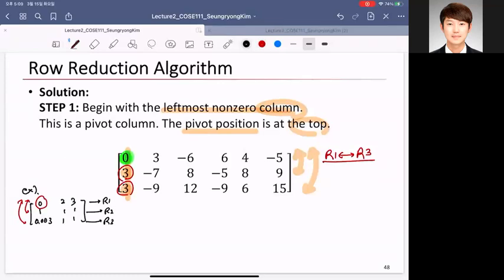So, okay. Case one means R1 interchanged by R2. In this case, our new matrix is going to be 1, 1, 1, 0, 2, 3, 0.003, 1, 1.